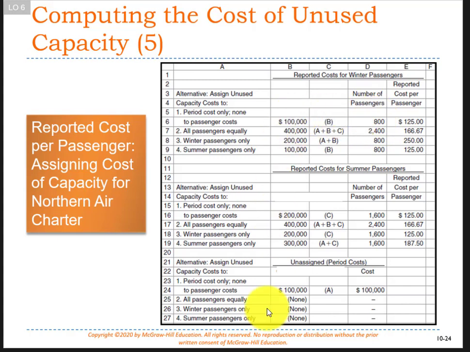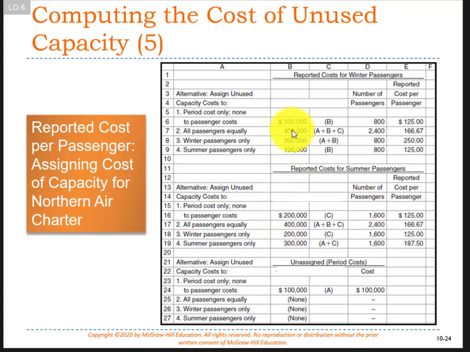So if we put the $100,000 in period costs, that leaves us $100,000 for 800 passengers, or $125. Okay? If the excess doesn't affect summer, so summer still has $200,000 for 1,600 passengers.